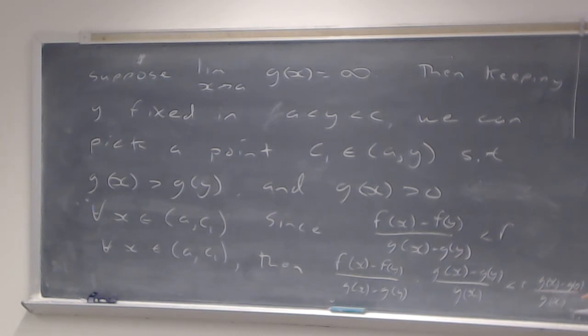And the reason that this is true is because really I'm multiplying both sides of this inequality by a positive number. Okay? So that's what we have.